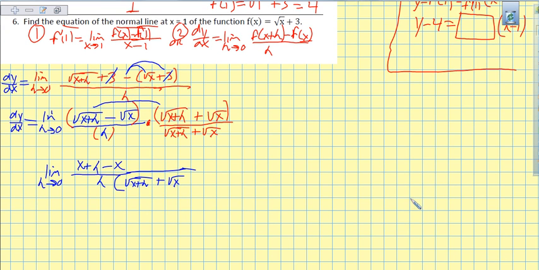Hopefully we can see right away that we can simplify that, and it looks like the h is canceled.